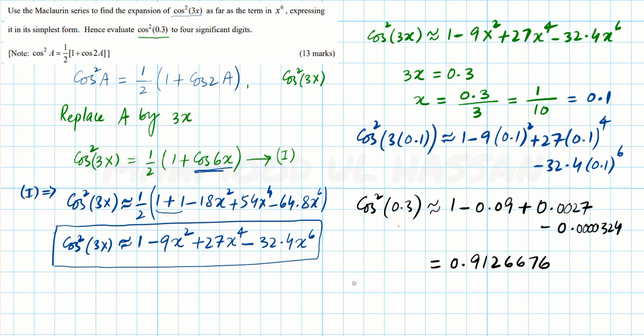Okay, so the final answer is cos squared 0.3 is approximately equal to, and we need to stop at 4 significant digits. So that is going to be 0.912 and rounding off, it will become 0.9127. So this is the final answer.